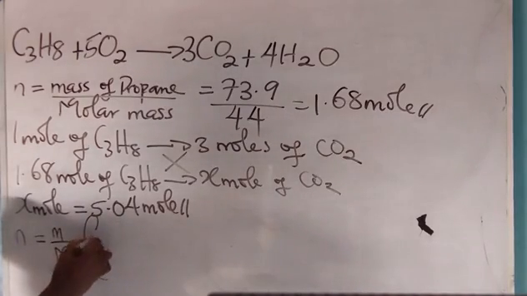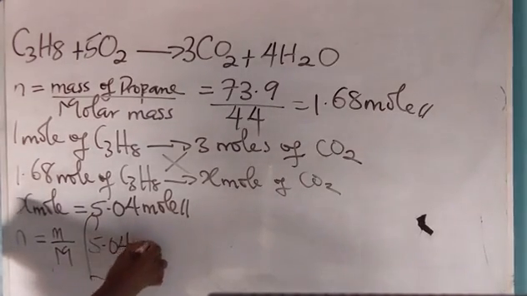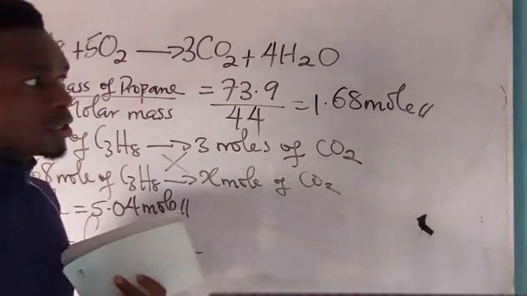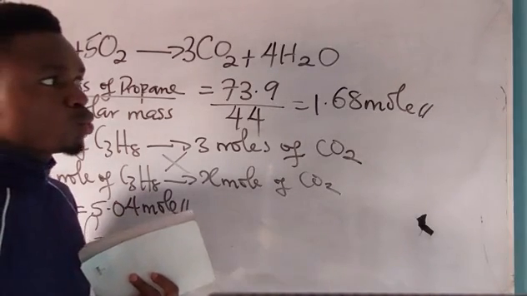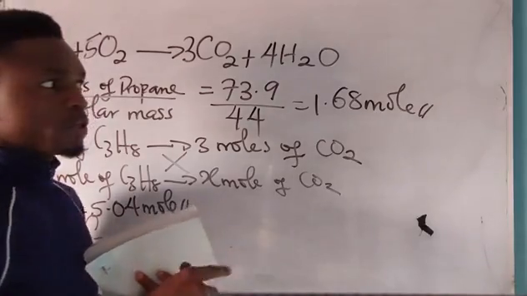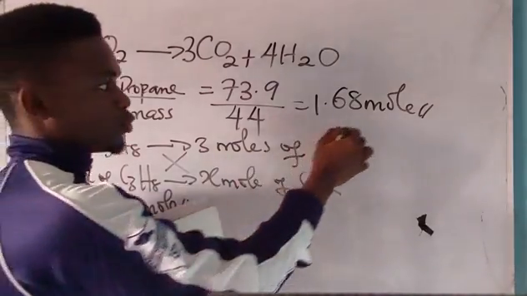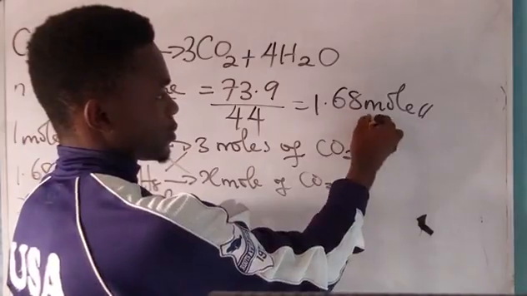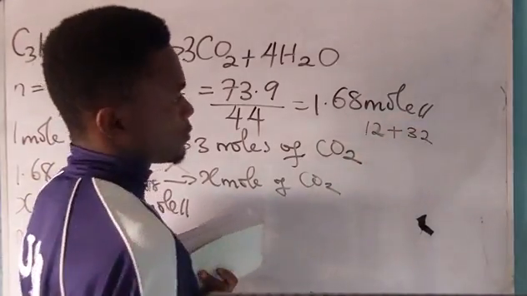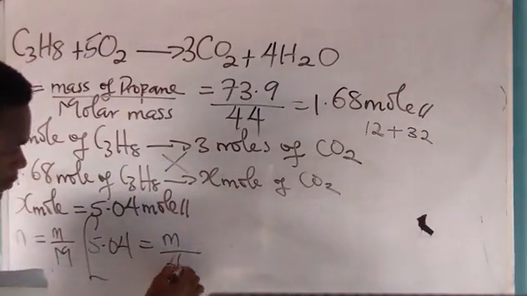Number of mole is 5.04, mass isn't given. Molar mass of carbon IV oxide should be 12 plus 2 times 16, that is 32, which is 44.